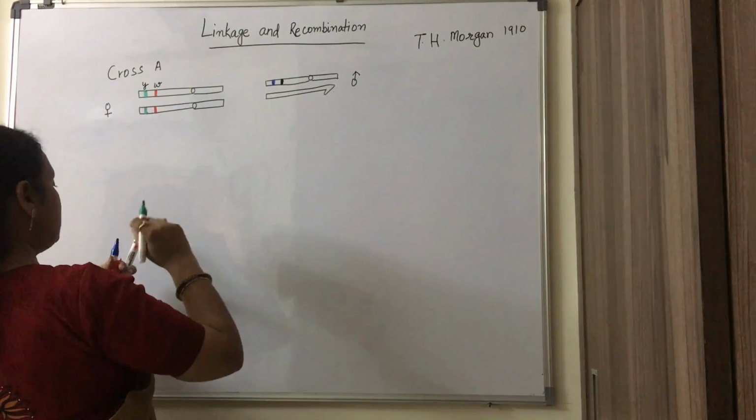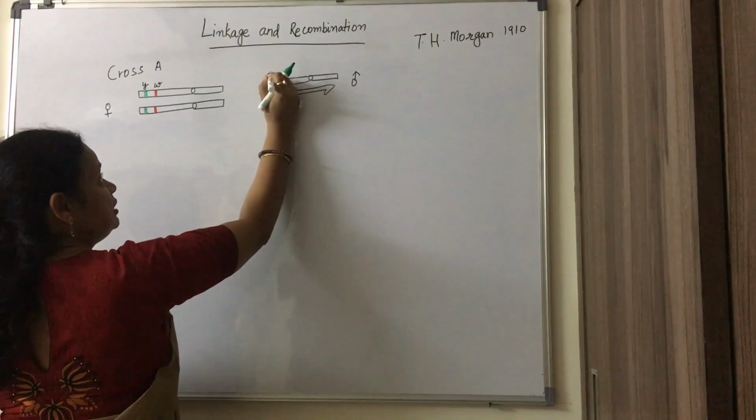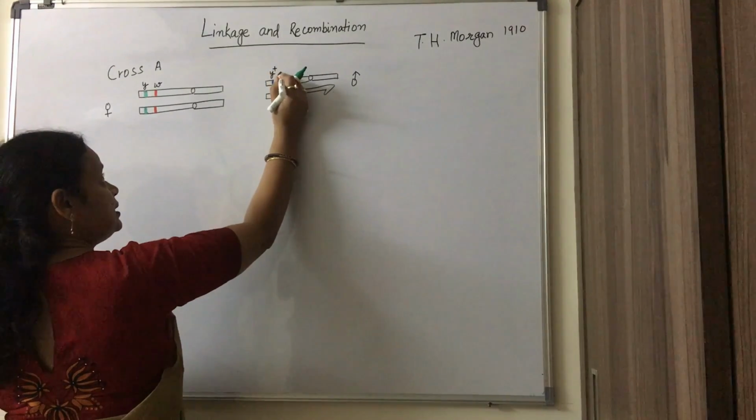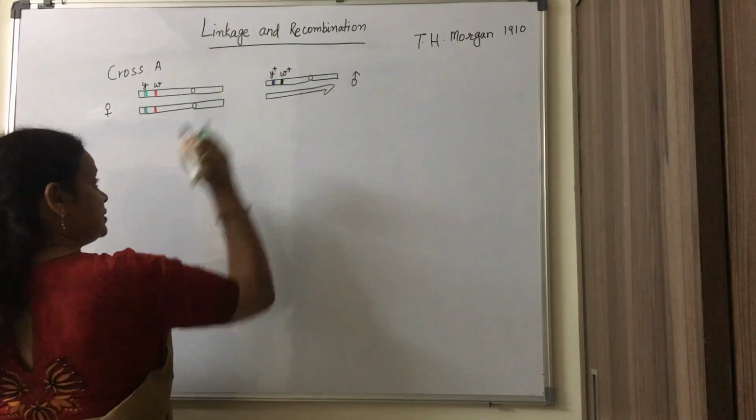These are the wild type, and we can call them Y plus and W plus.